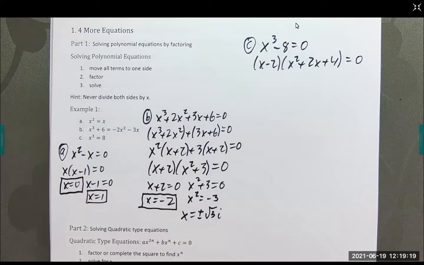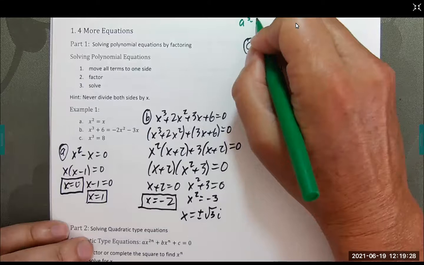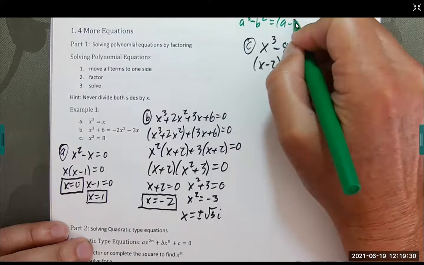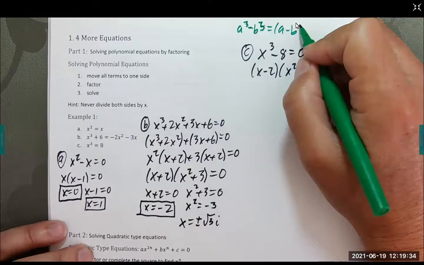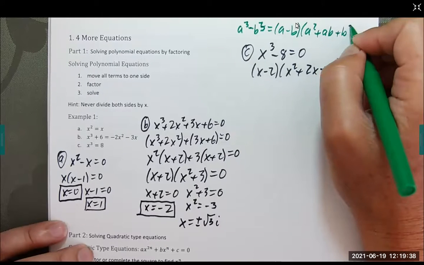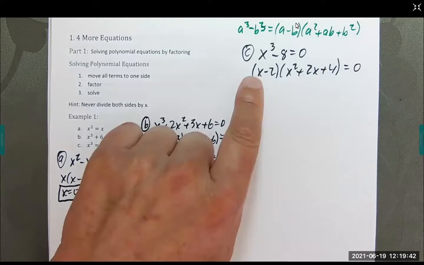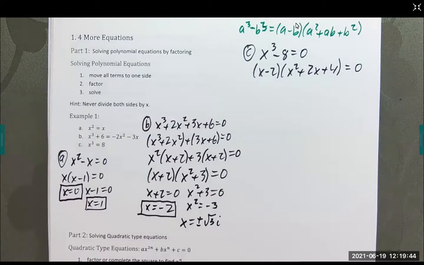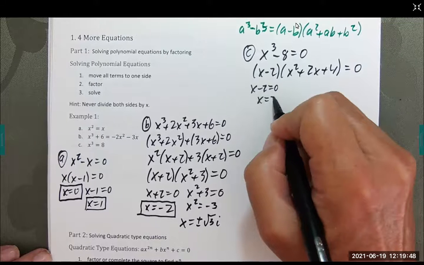I can write that formula up top right now. So a cubed minus b cubed gives us (a minus b)(a squared plus ab plus b squared). And a in this case was x, b in this case was 2. x minus 2 equals 0, no problem. x equals 2, there's one of the answers.